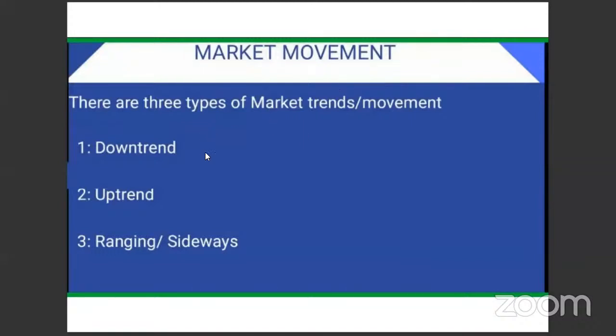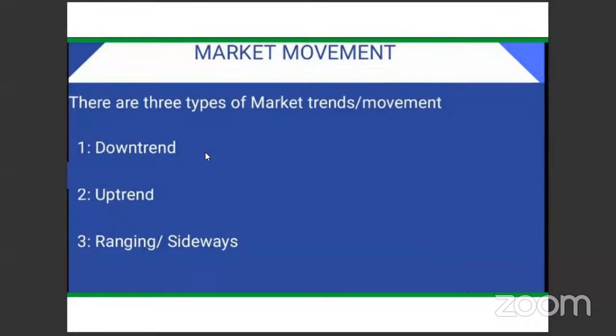Today, ladies and gentlemen, we want to start with the movement of the market. How does the market move? Because if you understand how the market moves, it is very easy for you to know that now the market has formed a downward trend.